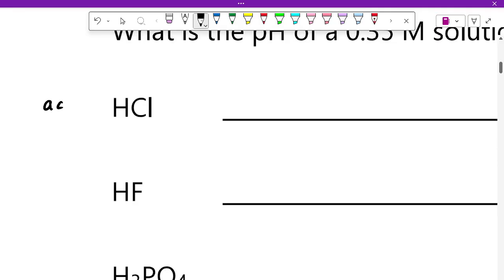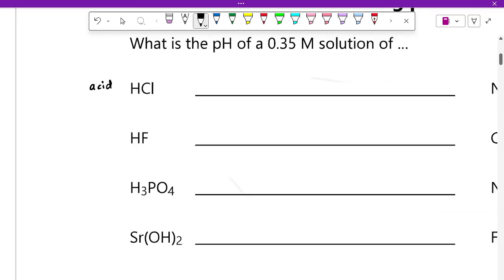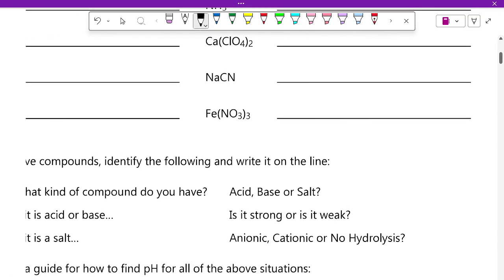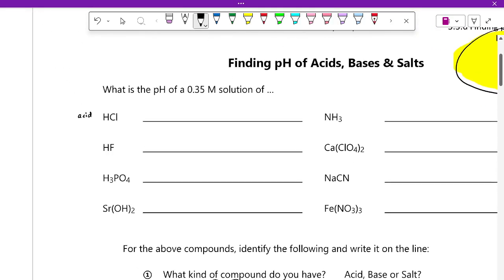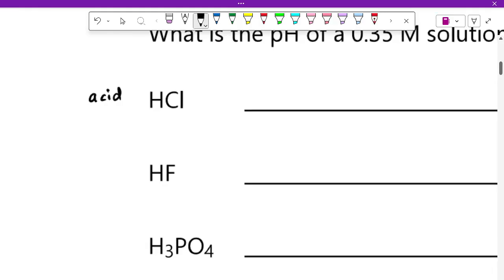It is an acid. And if it is an acid or a base, you have to ask yourself, is it strong or is it weak? HCl, is it strong or is it weak? Strong.